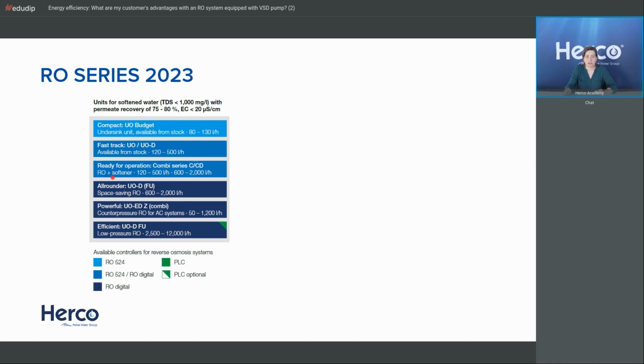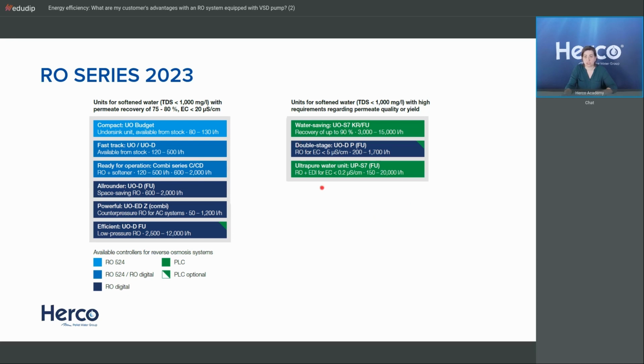We have here several unit ranges, and what is important for you is that this one has been redeveloped. The UOD, it used to be UOD ND, and this used to be available with and without variable speed drive. And since we have really always a return on investment for these flow rates, we produce this only with variable speed drive anymore.